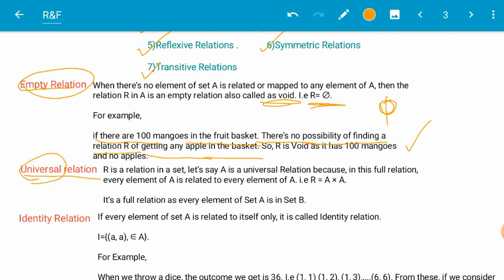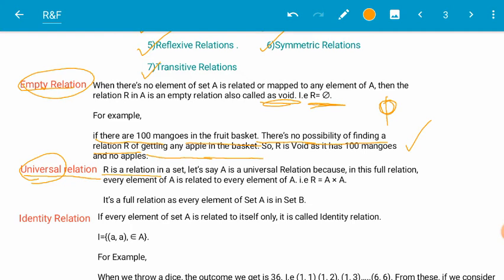Universal means all. We have already discussed that a relation is a subset of the Cartesian product, meaning A cross B. All elements which are in A cross B, if present in the relation, then that relation is called a universal relation.